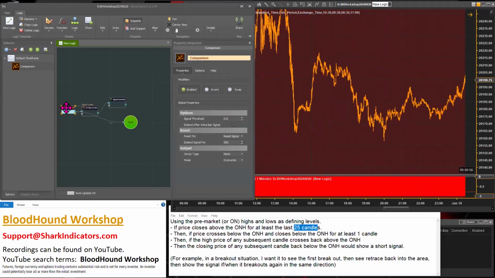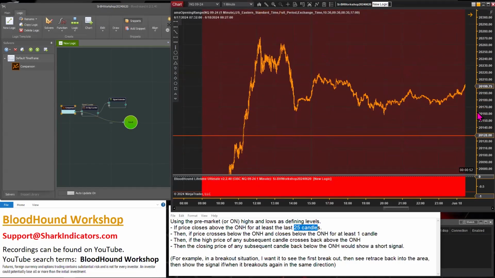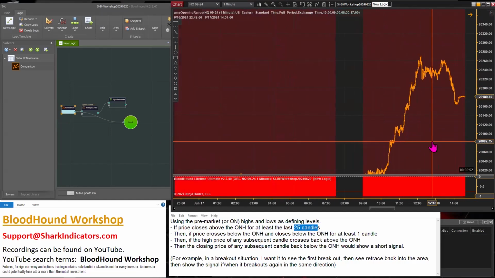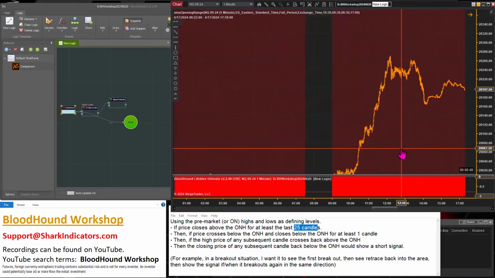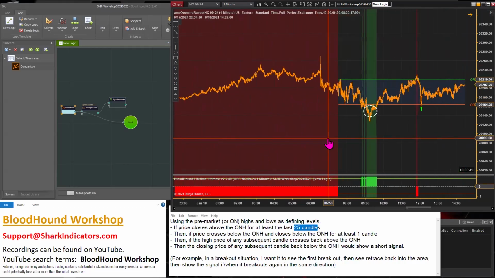Yeah, so our comparison solver is giving us a short output here.